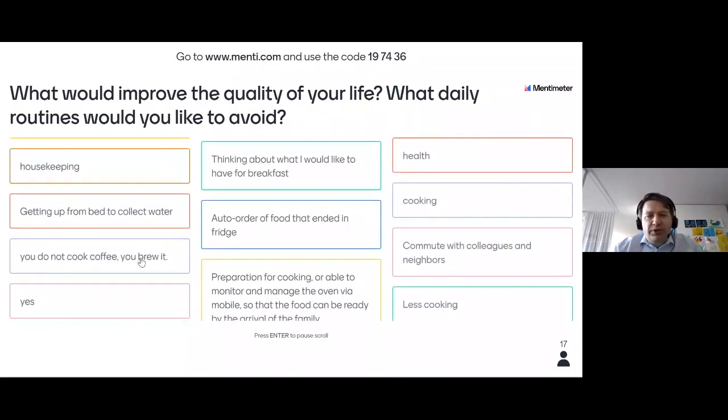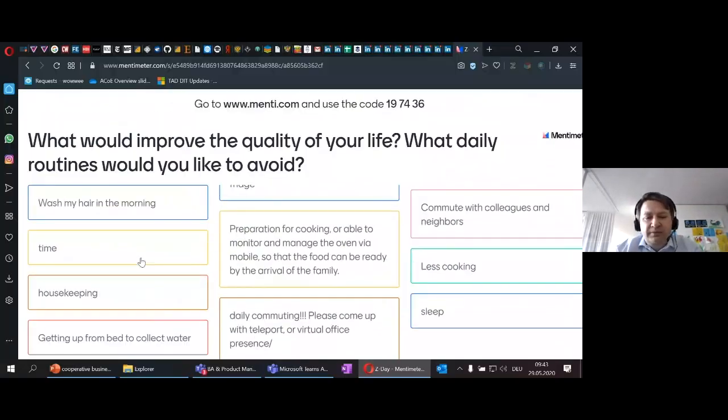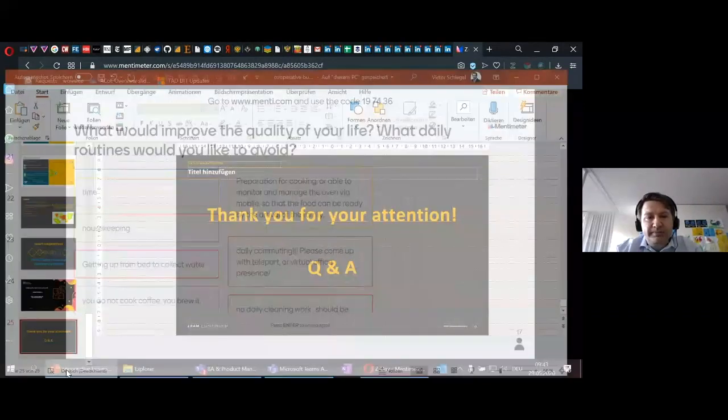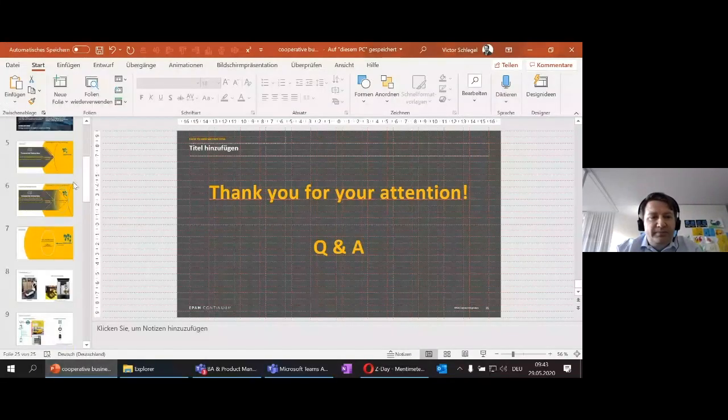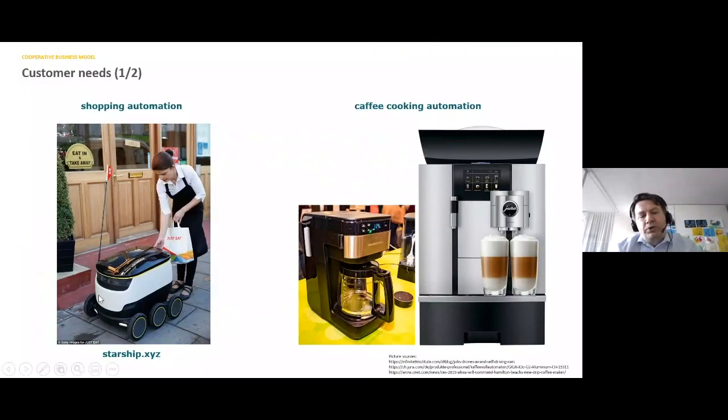Auto order of food that ends in the fridge. Yes, please. I'm going to show that one. On the left, you have a company called Starship. These are the founders of Skype, looking at the reduction of the delivery cost for last mile delivery, and you have probably encountered a lot of such delivery robots.